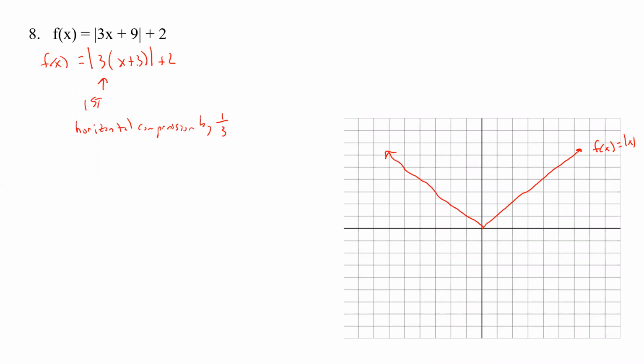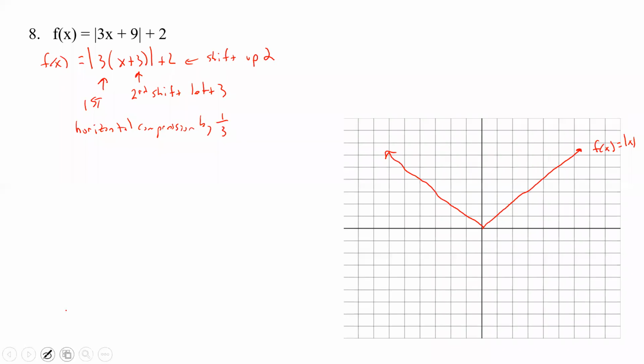Here we have x minus h, so that's going to be a minus 3, so this is going to be second, and it's going to be a shift left 3. And then finally we have a positive k, so it's going to be a shift up 2. Okay, so I have all the right numbers: 3, 1 over b, left 3, and up 2.